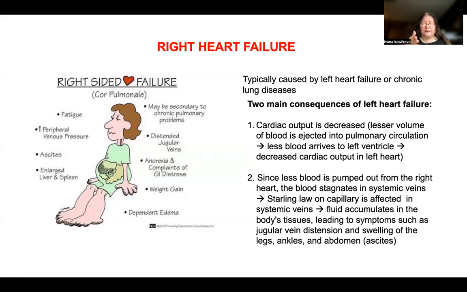And that means that according to Starling law on the heart, the cardiac output of left heart will be decreased because of the right heart failure, right? So here we conclude the heart failure, at least in broad strokes, right?